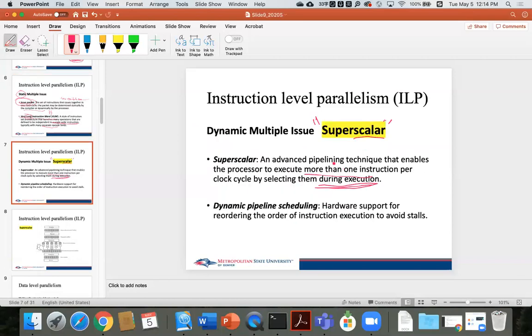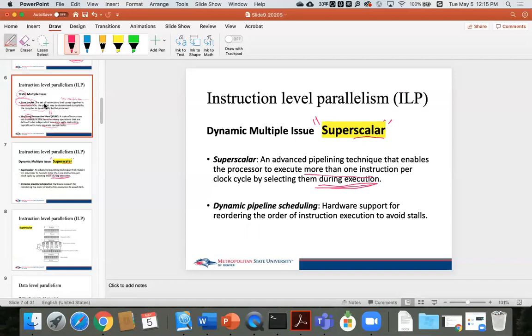The superscalar does not need the compiler or software to do this. It is implemented by hardware. You have a piece of circuit inside your CPU that will automatically check and determine which multiple instructions can be executed together, when the program is being executed.